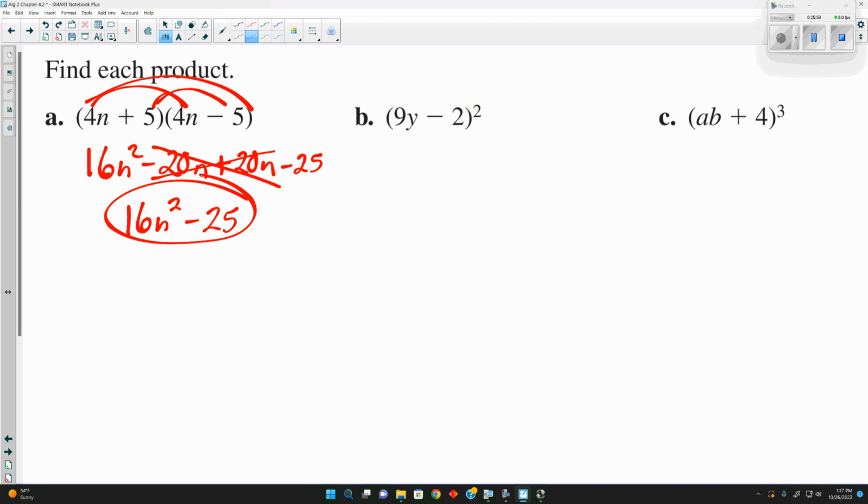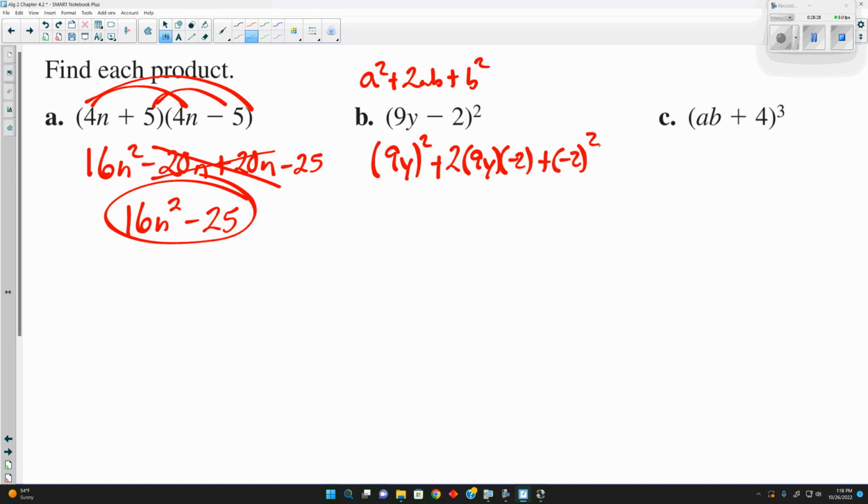Now the second one is one of our perfect square trinomials, and it's kind of going off of the a squared minus 2ab plus b squared. And we say minus 2ab because there's a subtraction in the middle. Or really what we're saying here is that we have 9y squared minus 2 times, well, we could say plus 2 times 9y times negative 2 plus negative 2 squared.